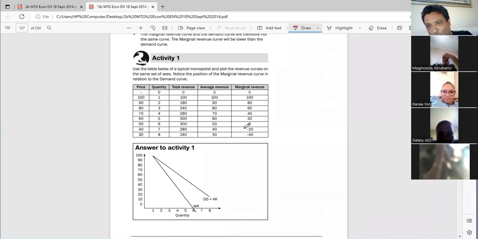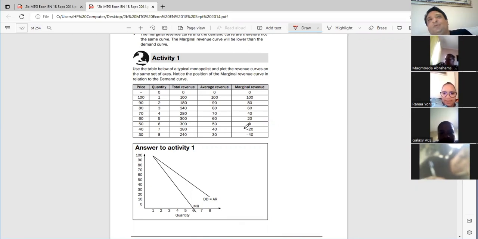Who can tell me what the law of demand is? As price increases, quantity decreases. If price increases, quantity decreases. If price decreases, quantity increases. Got that?